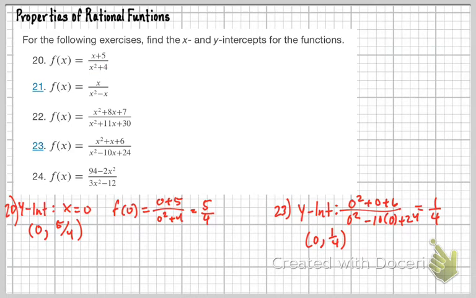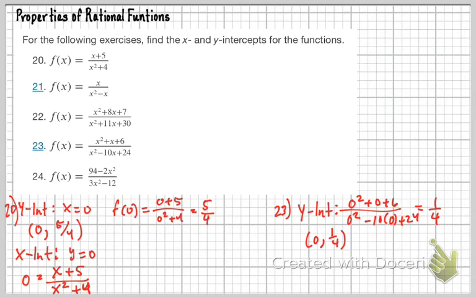Now, for an x-intercept, that's where my y equals 0. So what does that mean here? My y is actually my f of x. So really, I'm saying 0 equals x plus 5 over x squared plus 4. When the top is 0, the bottom is not going to be 0.